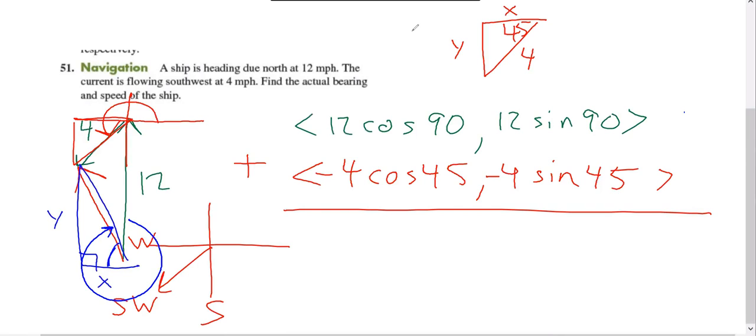Now you would want to use the inverse tangent to find that part. And then you would need to add that to 270 to find the actual bearing. Okay, I gotcha. Does that help enough? Yeah. Okay. That makes sense.